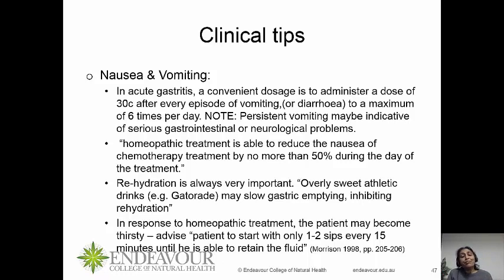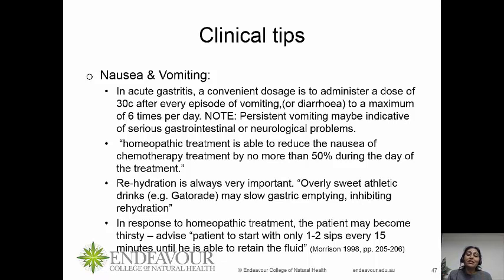So this is something which I would do in my clinic too. I would give them the medicine and say, okay, take one dose now, and after every episode of vomiting or diarrhea, take another dose. So maybe initially they would need the medicine much more, and once the medicine has started working, then the number of times they need the medicine will become even less.